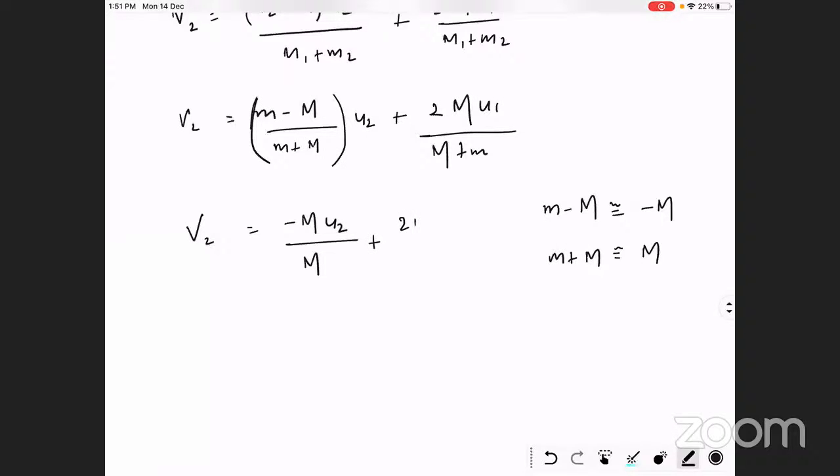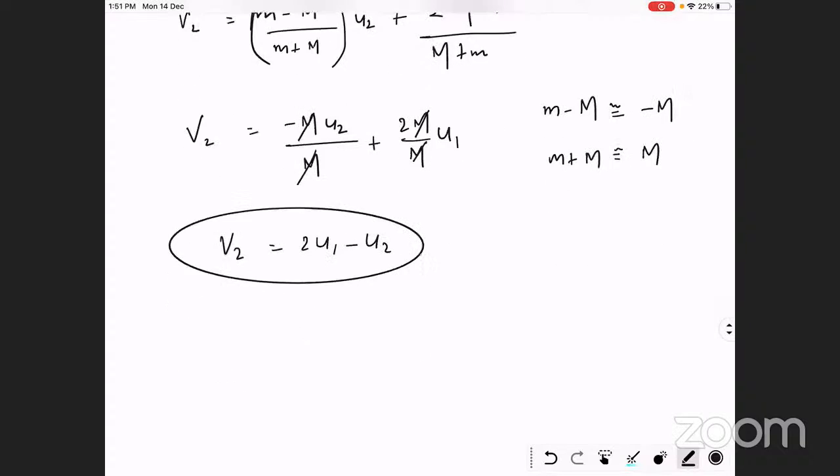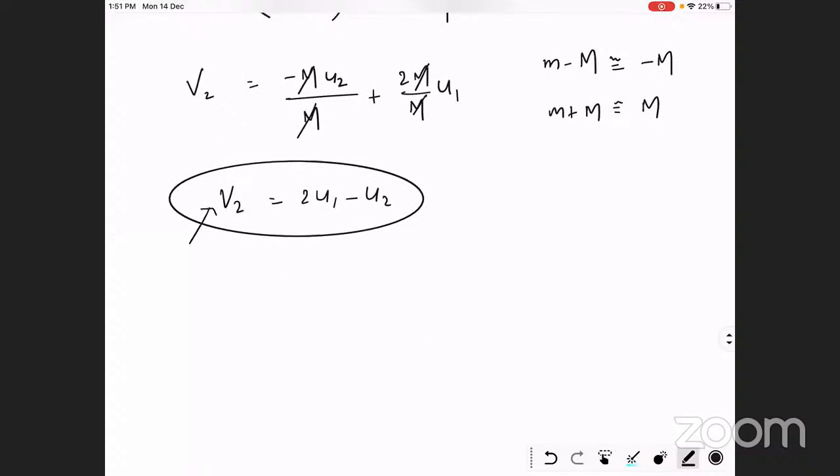Here are 2 capital M and upon capital M u1. Capital M got cancelled. This also got cancelled. So v2 is equal to 2u1 minus u2. So what does this represent? This represents velocity of light body after collision. इसको मैं ऐसे समझता हूं, देखो.